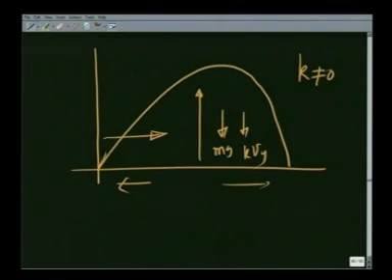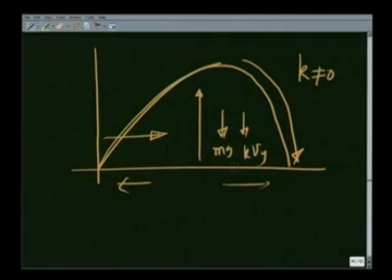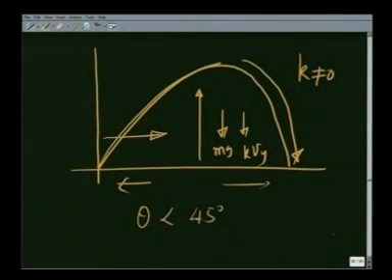It spends more time in going the same height than when it is coming down. So, in that time you want to cover as much distance as possible because x component of the velocity is also going down. So, to attain maximum range, I should fire at theta less than 45 degrees.